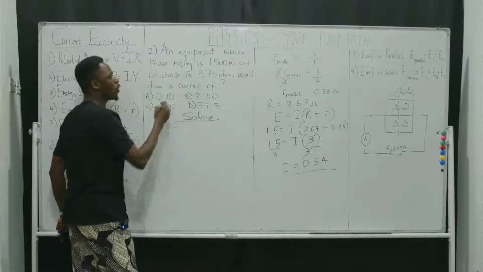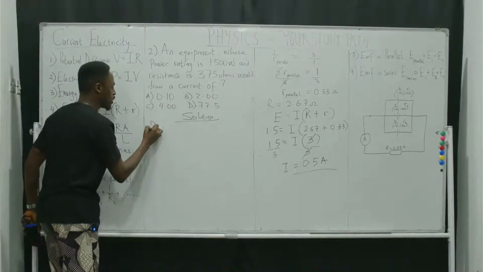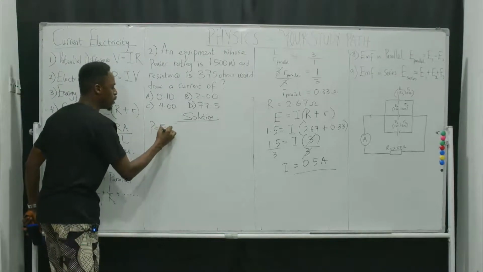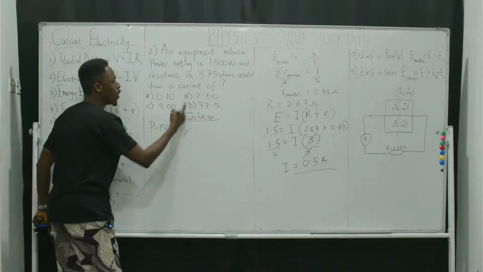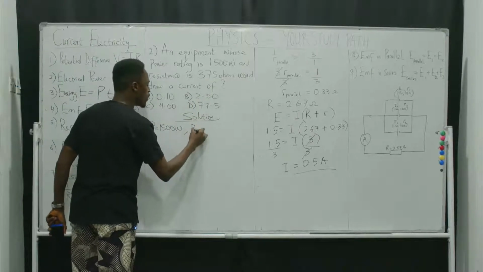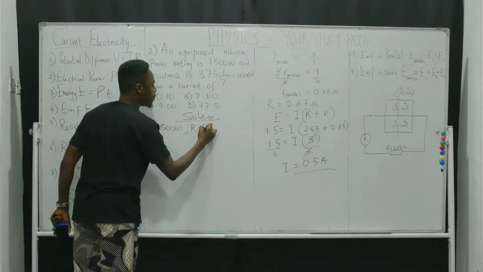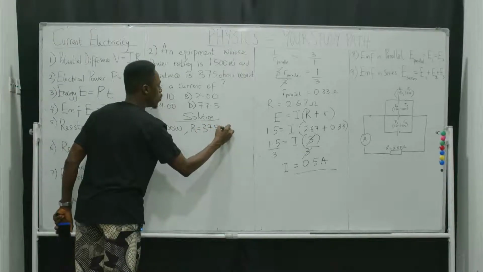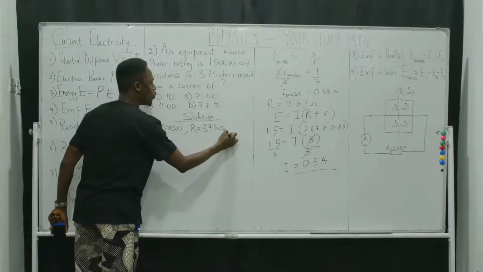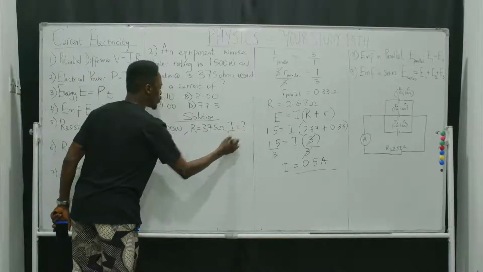When we have 1,500 watts, we are talking about power. When we have ohms, we are talking about resistance, big R, 375 ohms. And we're asked for current, I.